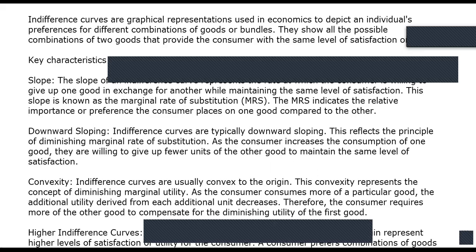The other property that indifference curves have is that they offer higher satisfaction: the indifference curve which is furthest away from the origin offers higher satisfaction than the one below it. So I can summarize them as follows.